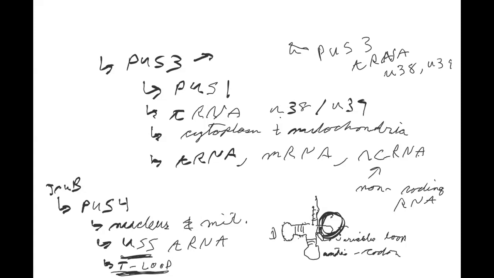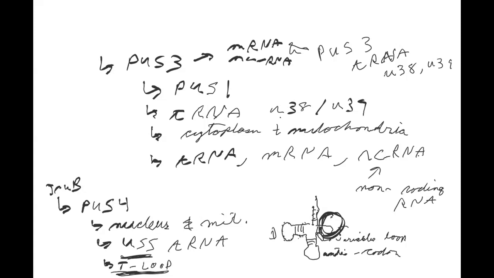But PUS3 can also be nonspecific to regions for the RNA and nonspecific to the non-coded. So it's a little bit looser. It's almost like a key. If you imagine a key going into a lock, and it's a really perfect fit, it feels different when you're turning the key versus a key that's slightly off.